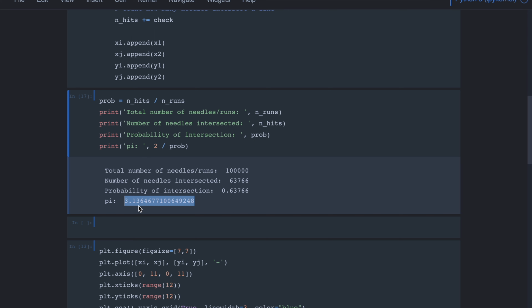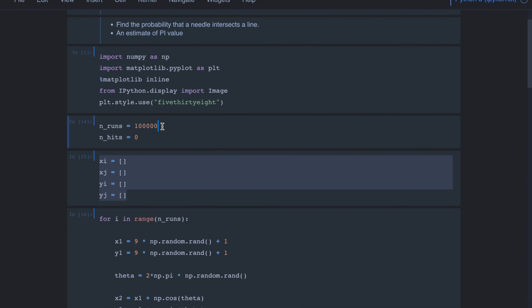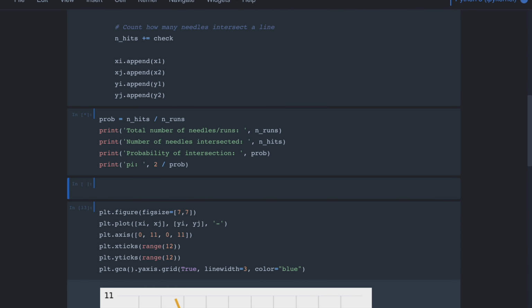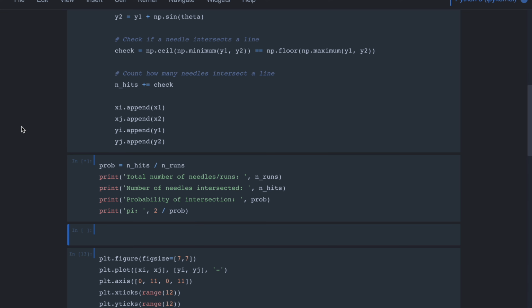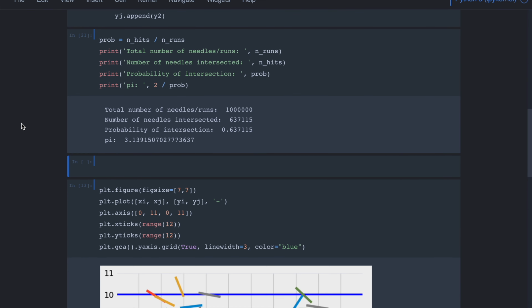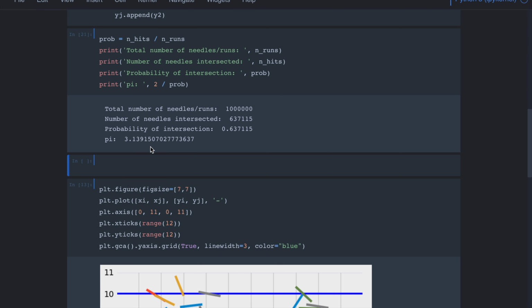It's 3.14, the actual pi value. Now let's increase one more digit. This simulation might take a bit long, but let's do this. All right, 3.149. So here we are getting very close, 3.14, to the actual pi value.